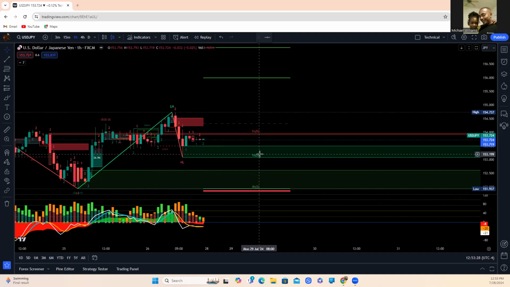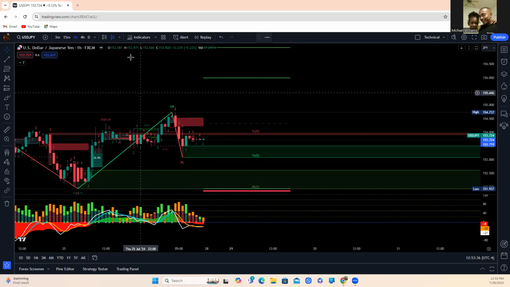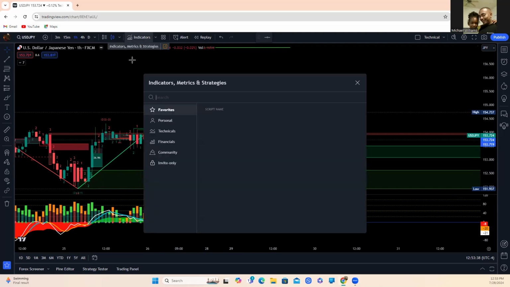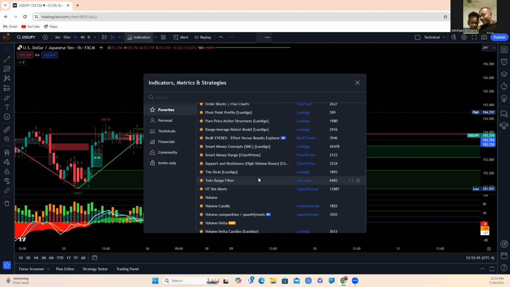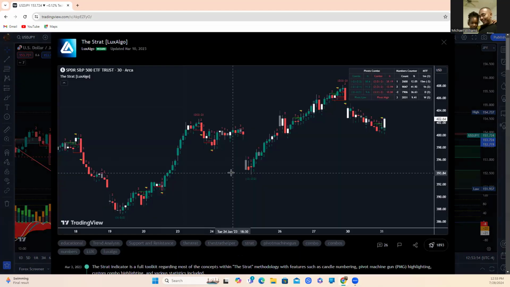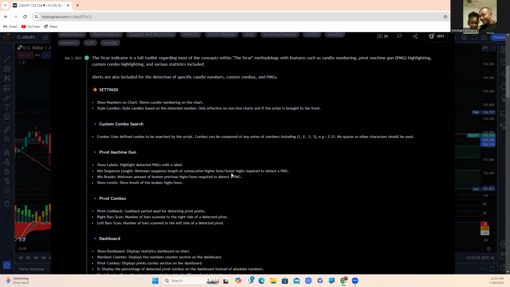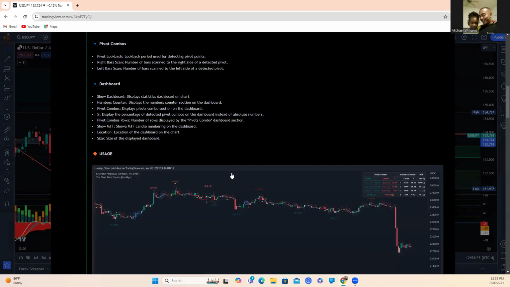All right, so as you can see, we got some numbers here. With the Strat, I looked it up and found that Lux Algo actually has an indicator that gives us the numbering for the Strat. So I'm going to use Lux Algo's explanation here to illustrate and talk about what the Strat is and how it's utilized.